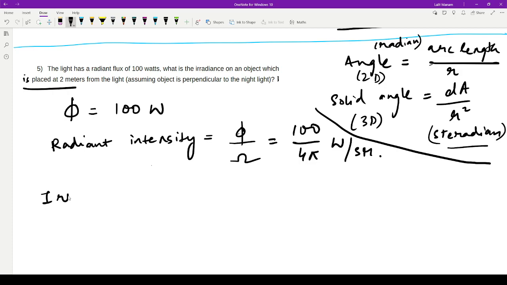What is irradiance? Radiant intensity by r square. How did you arrive at that?